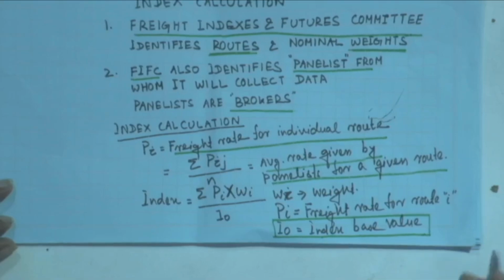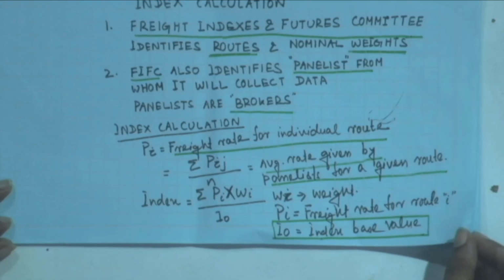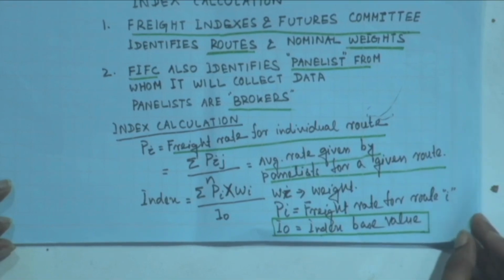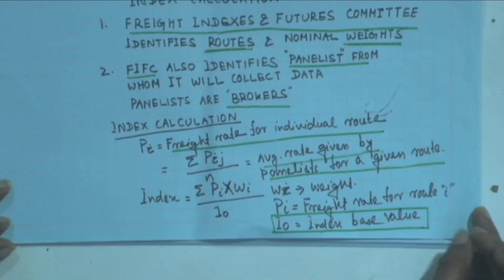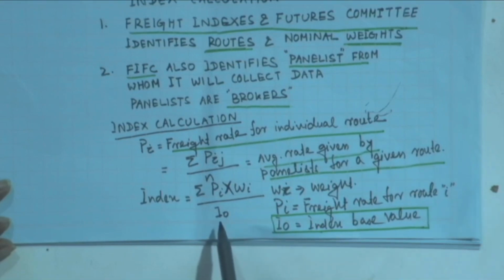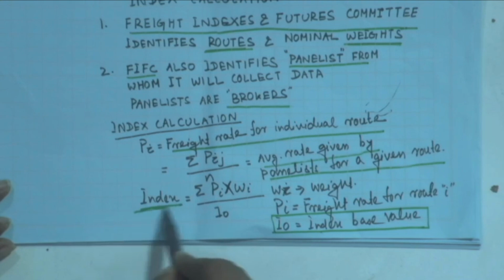Similarly, if you remember, for a Cape size index maybe around 15 routes are there. Four routes are mentioned here, but it will be around 10-12 routes. If you see this document, you will be able to identify how many routes are there. Each route has a weight. So what is the index value?